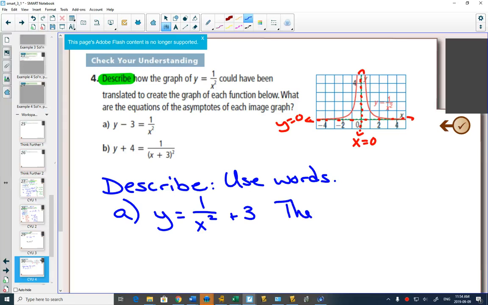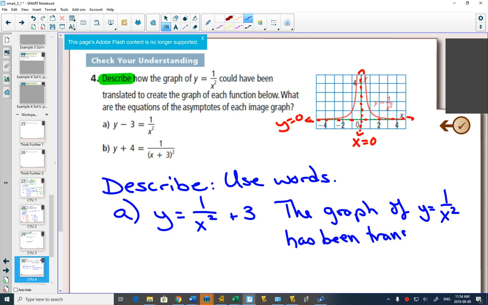And in words, I would write the graph of y equals 1 over x squared has been translated, and that 3 happens outside the function, so that would be translated 3 units up.